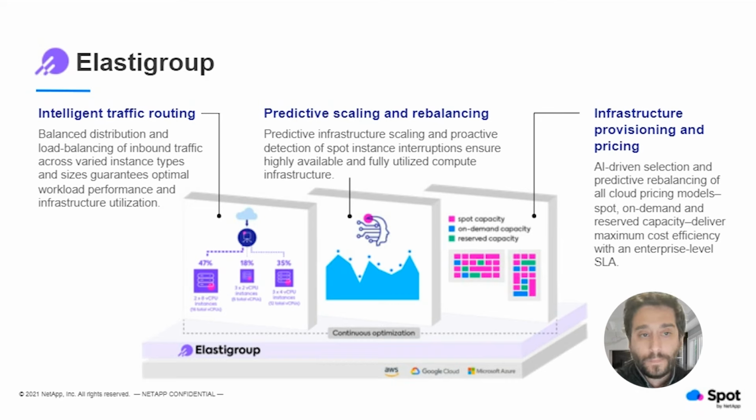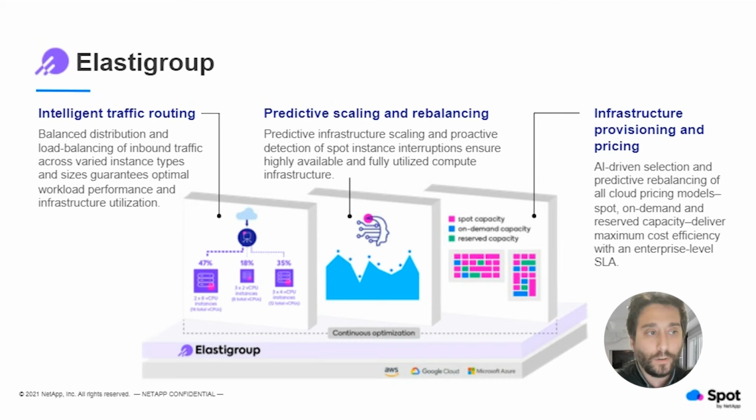The next layer is predictive scaling and rebalancing. Let's focus on predictive rebalancing specifically: it will predict interruptions before they actually happen, and will launch another instance instead to serve the requests. It has a lot of features we will get into in the next slides.